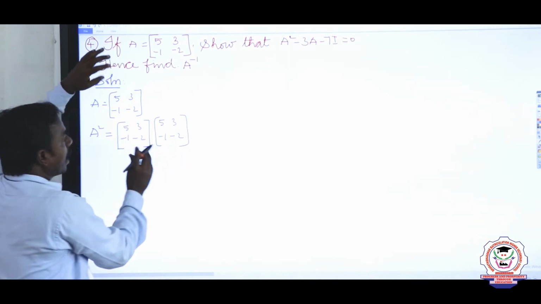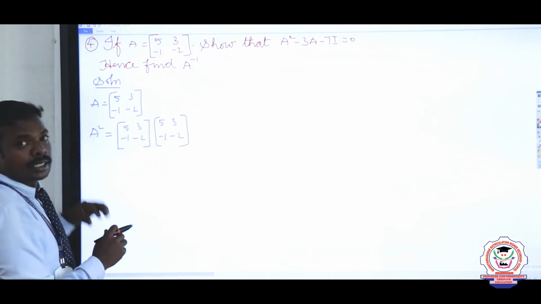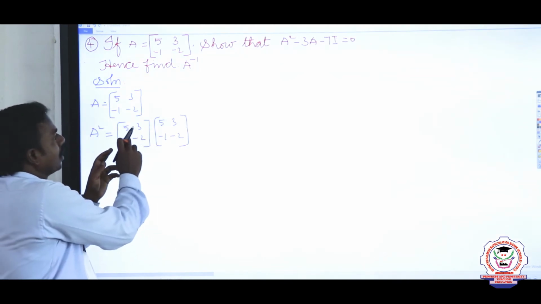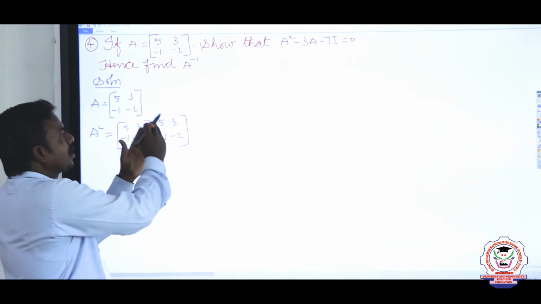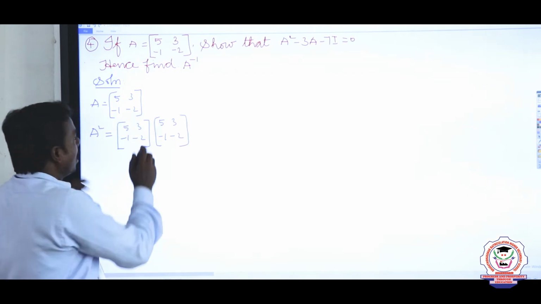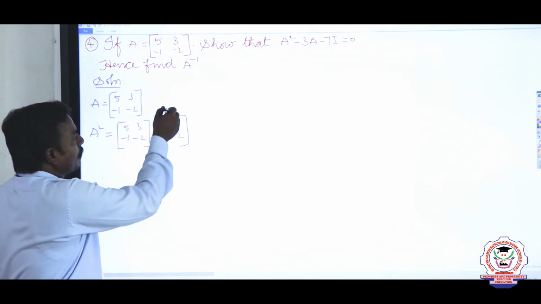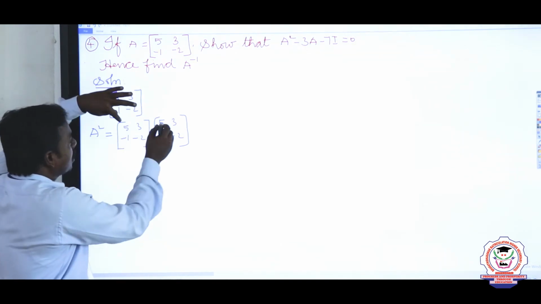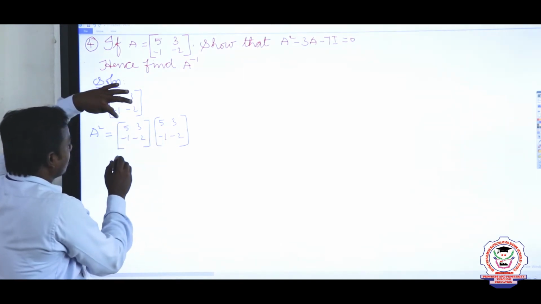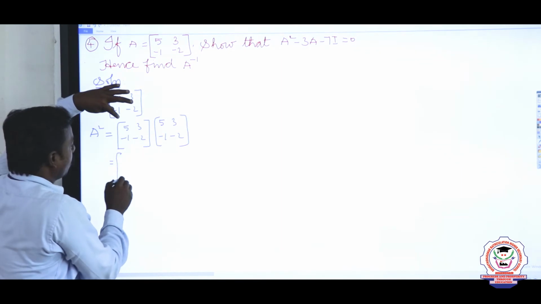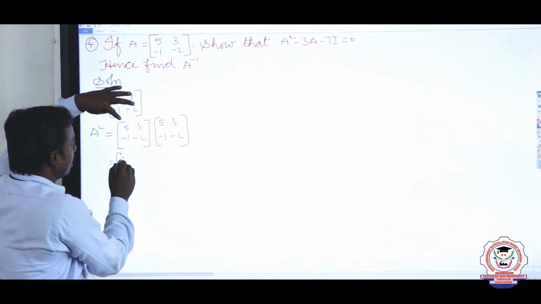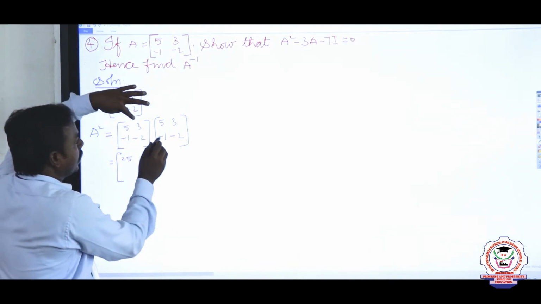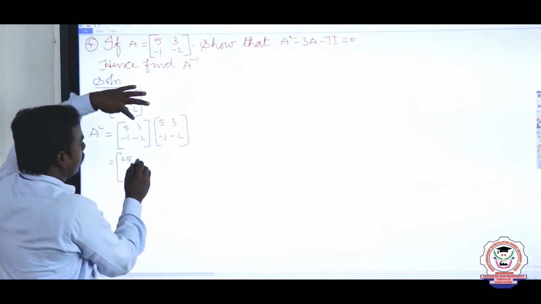Listen, now I am going to take matrix multiplication. So, first row of the first matrix operated on first column of the second matrix. So 5 into 5, that is 25, 5 5s are 25, minus 3 into minus 1, minus 3.